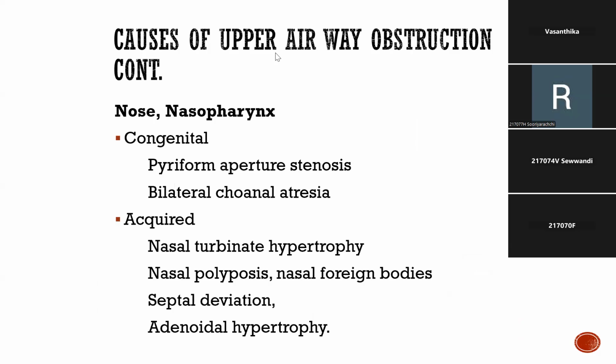Upper airway compromise in the nose and nasopharynx may be due to nasal obstructions like bilateral choanal atresia, turbinate hypertrophy, nasal polyps, nasal foreign bodies, septal deviations, and adenoidal hypertrophy.